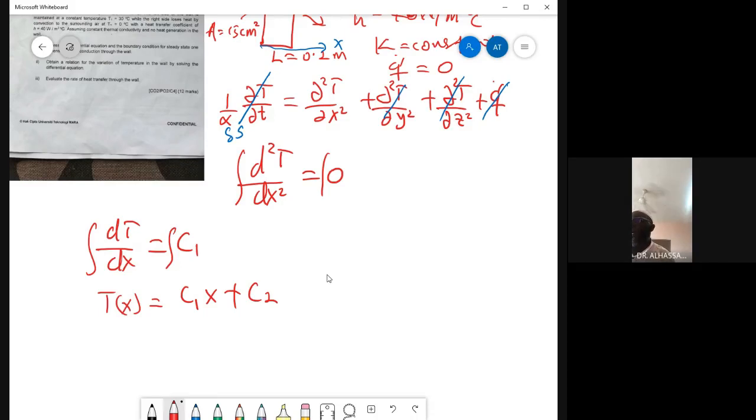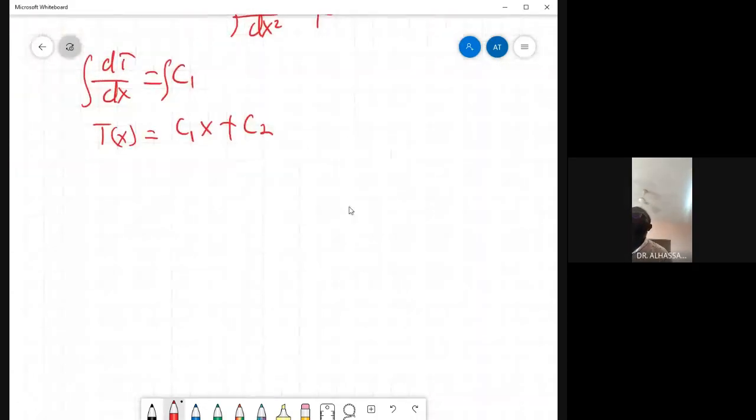Now we need to apply the appropriate boundary conditions. The boundary conditions are like this.